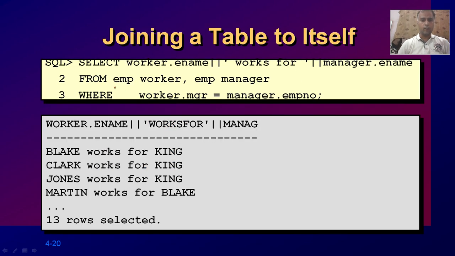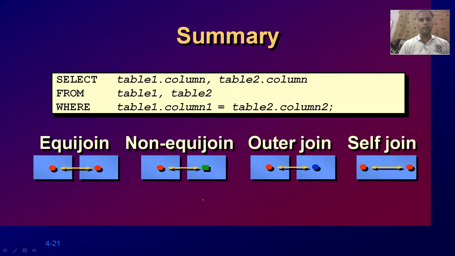Here we have EMP worker and EMP manager, where worker dot manager equals manager dot employee number. It will show that Blake works for King, Clark works for King. King is the manager of Blake and Clark, and also of Jones. Martin works for Blake, and Blake is the manager of Martin. This way you can understand the self join also.